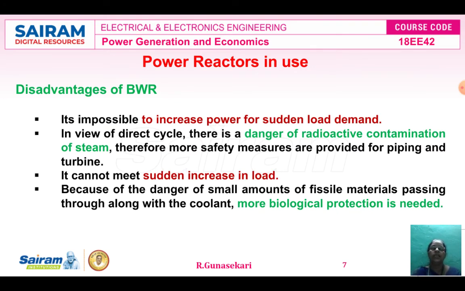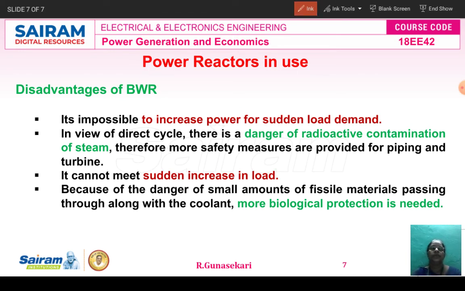Then the disadvantages of the boiling water reactor. The important key points are highlighted in the slide. Listen here. It is impossible to increase the power for a sudden load demand. In view of the direct cycle, there is a danger of radioactive contamination of the steam.